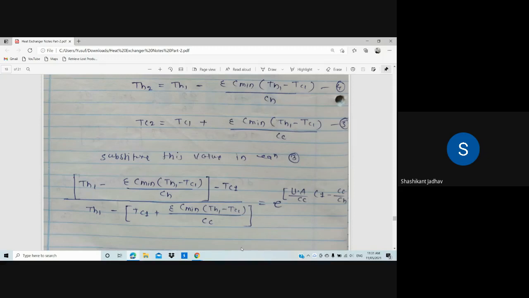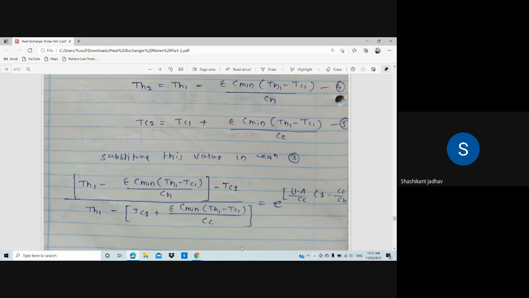Okay, so substitute these values in equation number 3. By putting that value we get the equation as Th2 minus Tc1. So instead of Th2 we have to put the value as Th1 minus epsilon into C minimum into bracket Th1 minus Tc1 divided by Ch, minus Tc1, divided by Th1 minus Tc2.